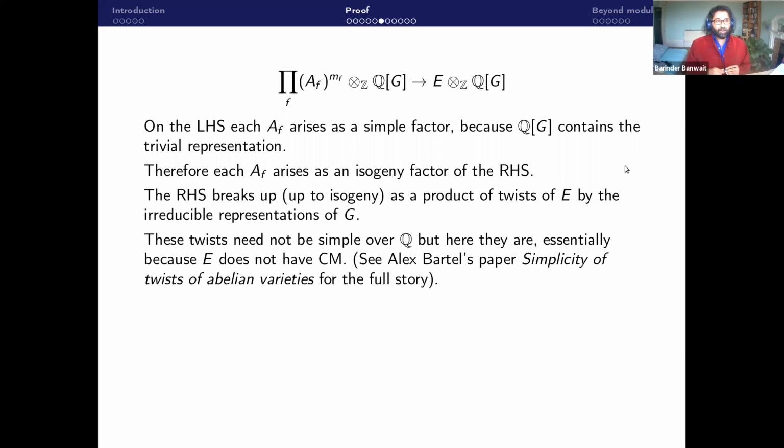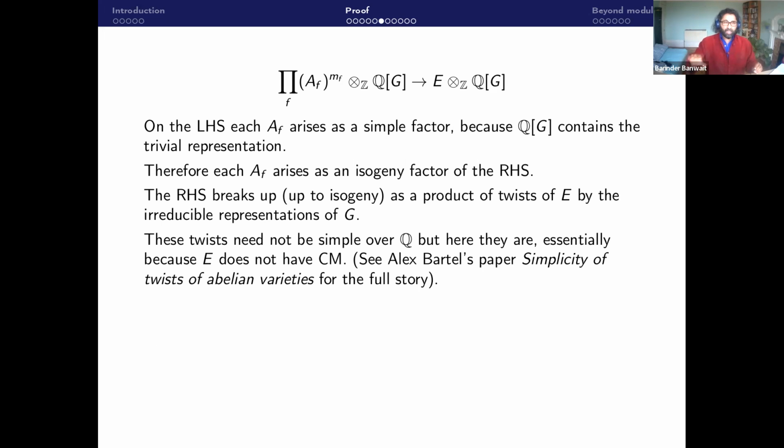But in this case, they are, basically because E, again, does not have complex multiplication. So yeah, the details of this can be quite subtle. There were papers of Everett Howe who looked into this question, and this was explained to me by Alex Bartel in this paper, Simplicity of Twists of Abelian Varieties.